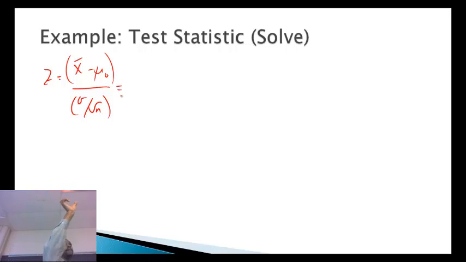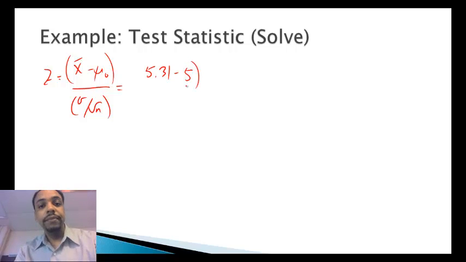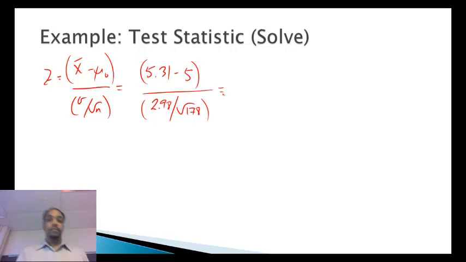So in other words, how far is our sample mean away from what we thought it would be? The sample mean was 5.31. We guessed 5, so we're in the ballpark. The standard deviation was 2.98. Radical 178, I believe. And we just put it in the calculator.